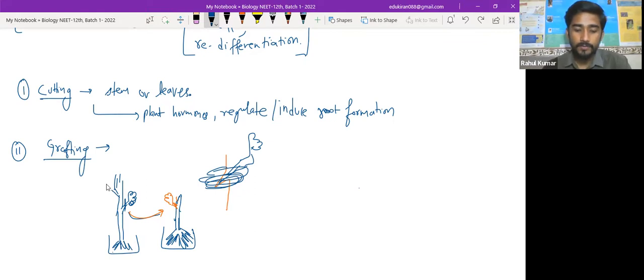The tissue of the graft becomes integrated with the tissues of the rooted plant, and develops as a single hybrid plant, like Atif said. A single hybrid plant. Clear?